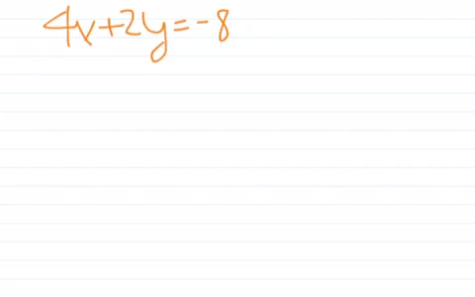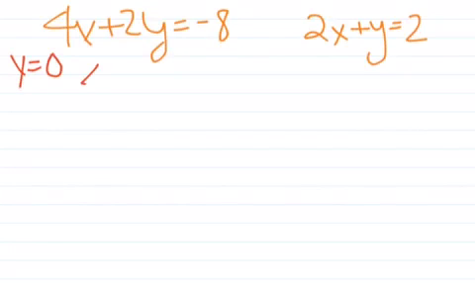We'll do 4x plus 2y equals -8. Then we're going to do 2x plus y equals 2. So I'm going to say that y equals 0 first in this problem. If y equals 0, then it's 4x plus 2 times 0 in place of y equals -8.